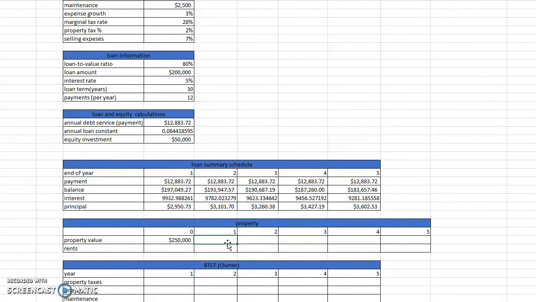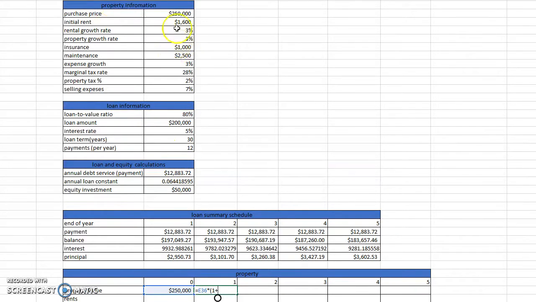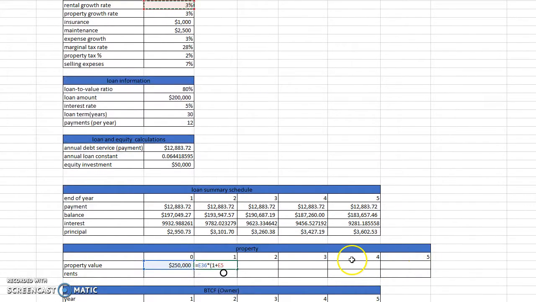And then for the first year, we'll take the purchase price and multiply that by the first year plus the property growth rate to get the second one.